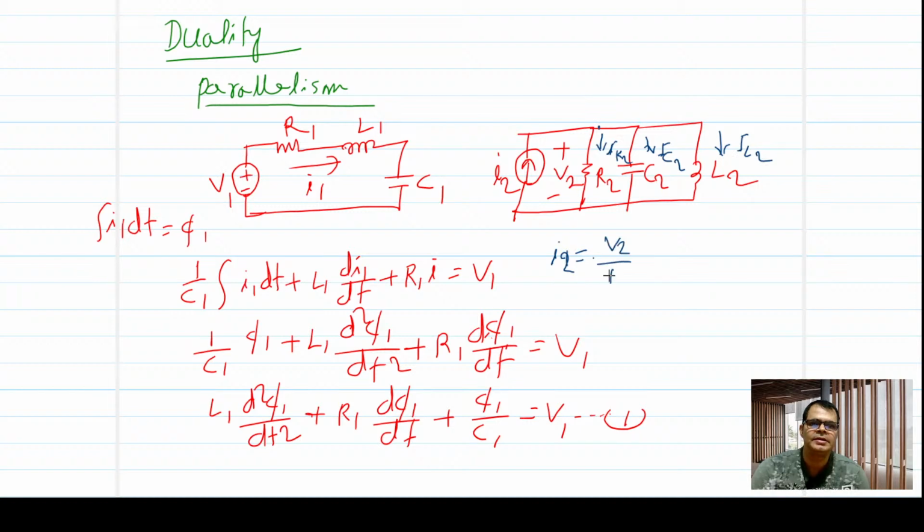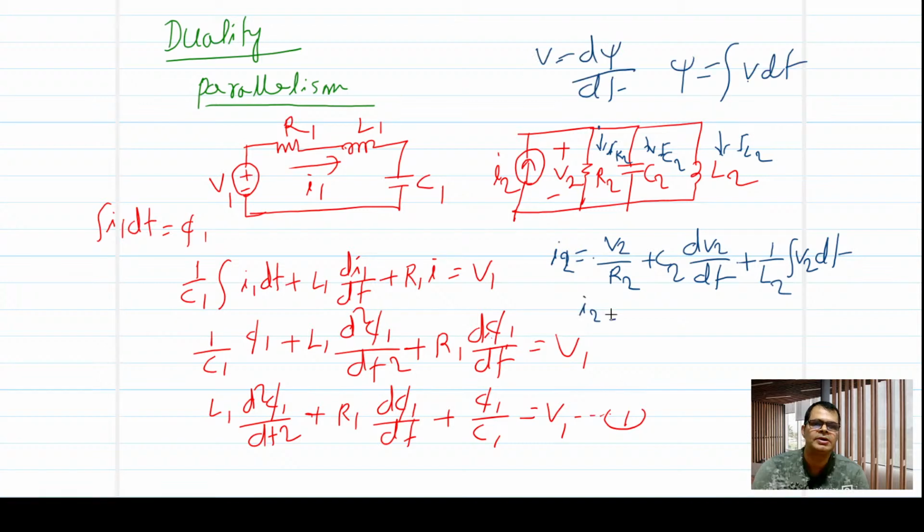V2/R2. And this current is C2 dV2/dt. What about this current? (1/L2)∫V2 dt. But we know that V equals dψ/dt.